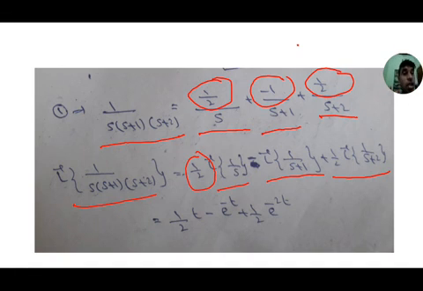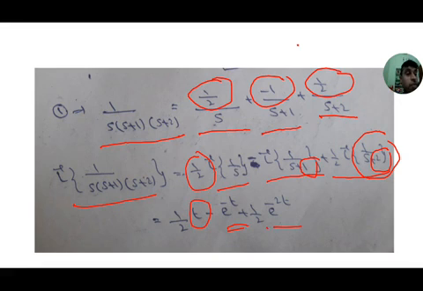Apply the formula. L inverse of 1 by s equal to t. L inverse of 1 by s plus a is e to the power of minus at. Here a equal to 1, therefore e to the power of minus t. And L inverse of 1 by s plus a, that is e to the power of minus at. A equal to 2, therefore e to the power of minus 2t.